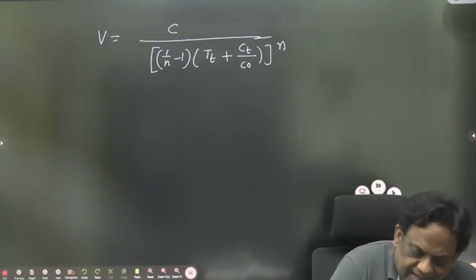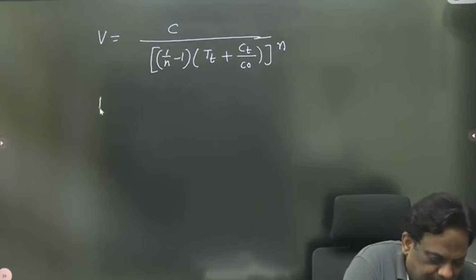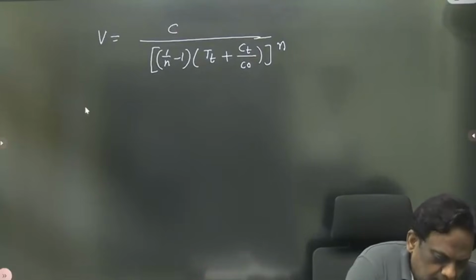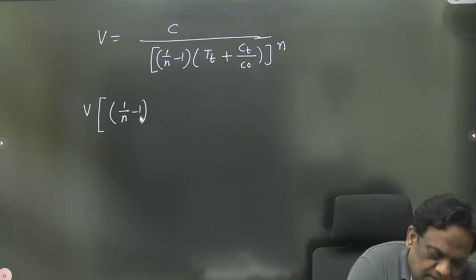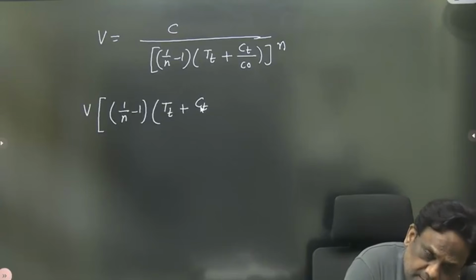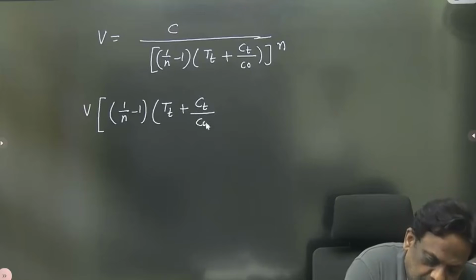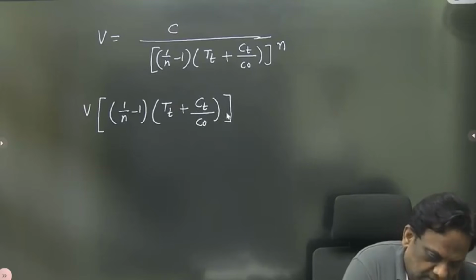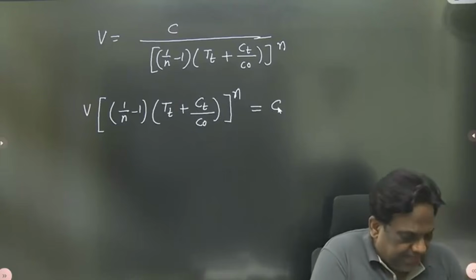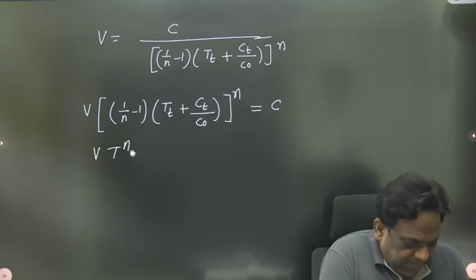It is something like v into 1 by n minus 1, tt plus grinding cost per cutting edge, or tool cost per cutting edge, by machining cost, whole power n is equal to c. It is something like v t power n is equal to c.